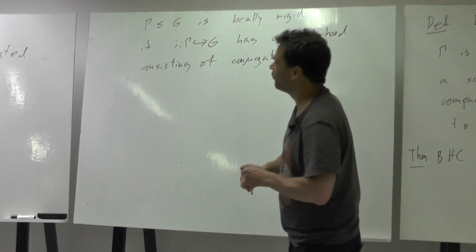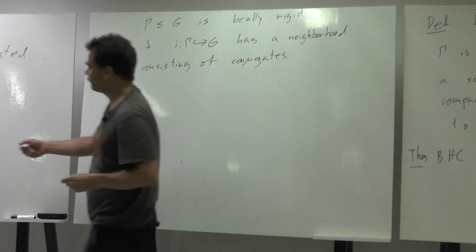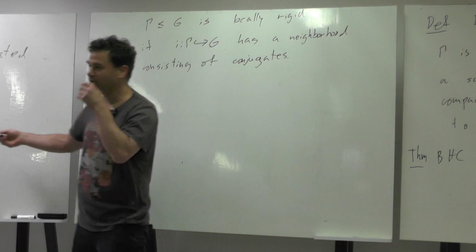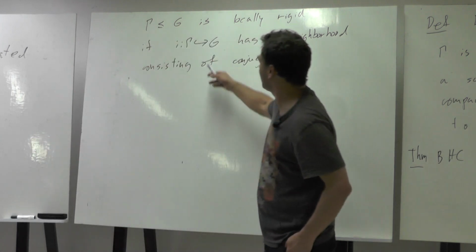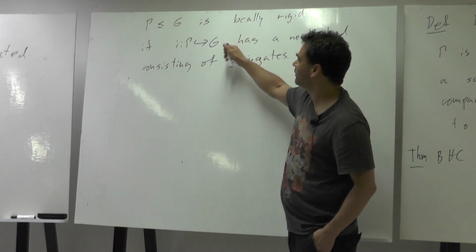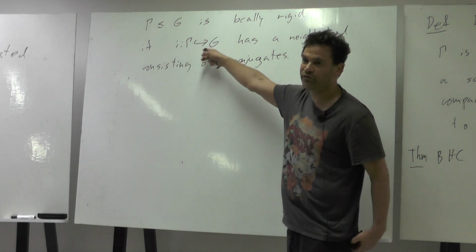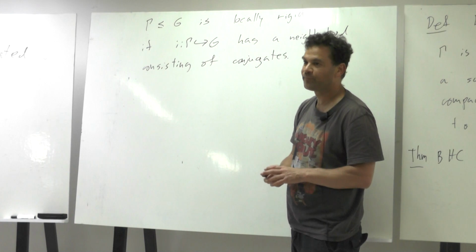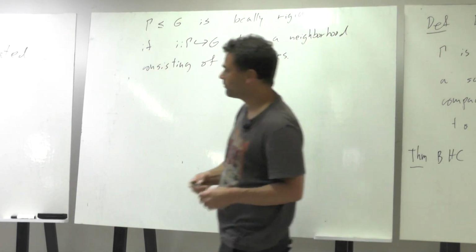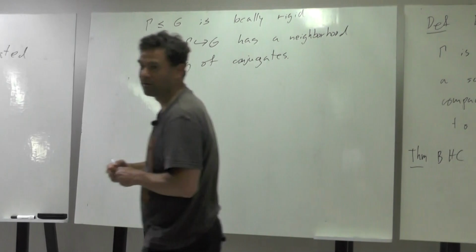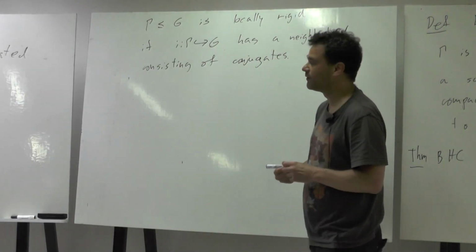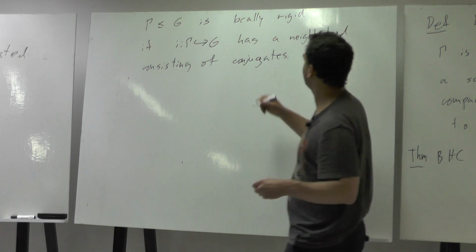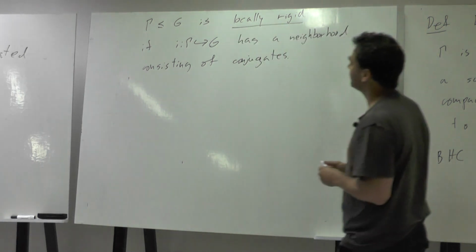So one way to get a different representation is by conjugating the inclusion by some elements close to the identity, and Gamma is called locally rigid if any deformation which is sufficiently close to the inclusion is of that form. So the neighborhood is in the Zariski topology? Neighborhood in the Hausdorff topology. Yeah.